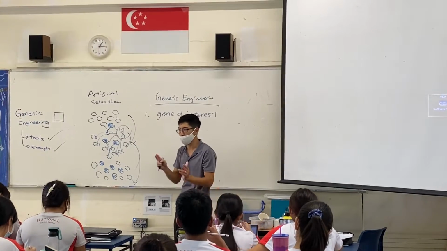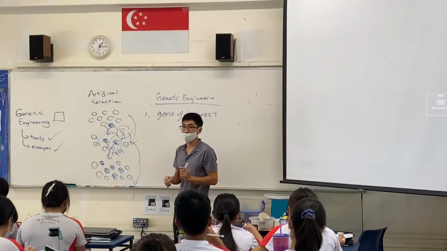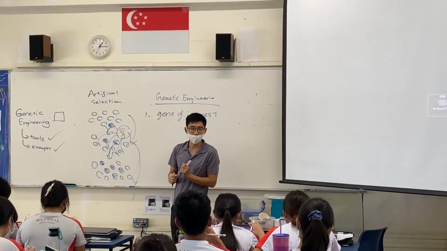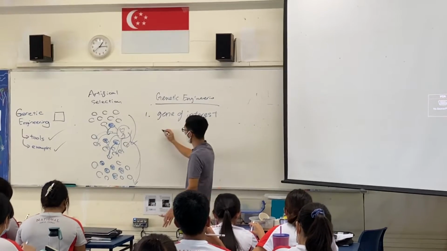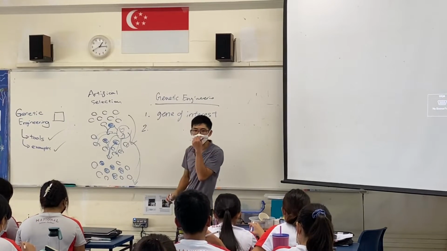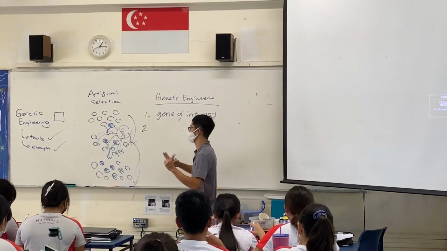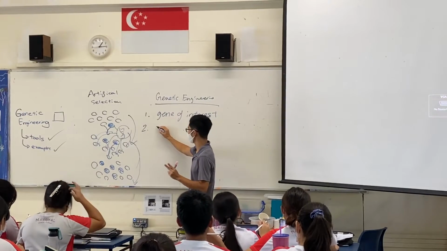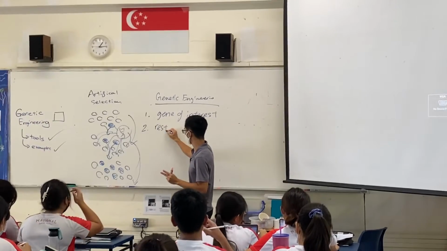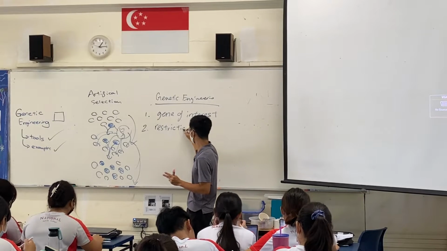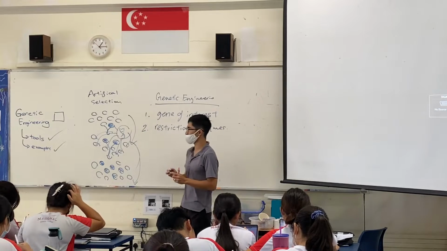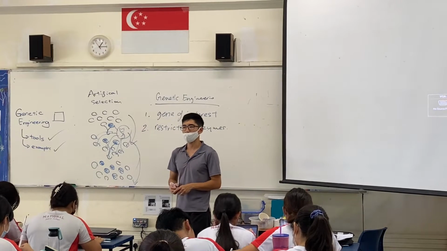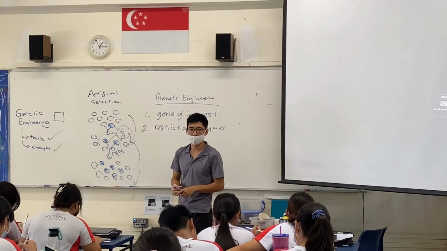How do we take out the gene of interest from the organism? We need scissors to be able to cut. Except the most famous scissors we have in the biological world are enzymes. So we need enzymes to be able to perform the cutting action. We call these enzymes restriction enzymes. I think in your textbook they say restriction endonucleases.